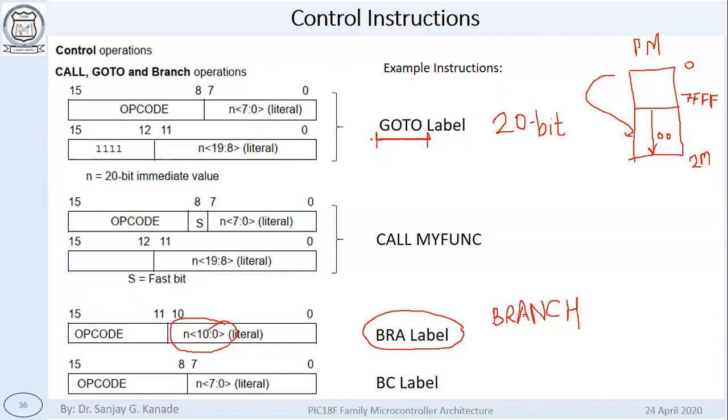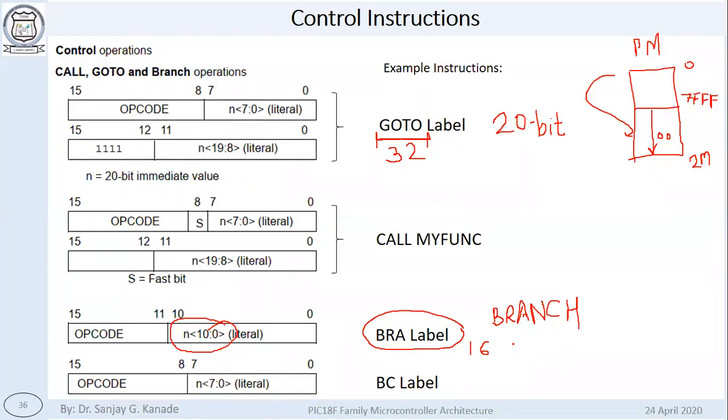The difference here: this GOTO instruction is how many bits? 0 to 15 plus 0 to 15 is equal to a 32-bit instruction. GOTO is a 32-bit instruction, whereas the branch instruction is a 16-bit instruction. So the difference is that using the branch instruction we can save 2 bytes of program memory space.